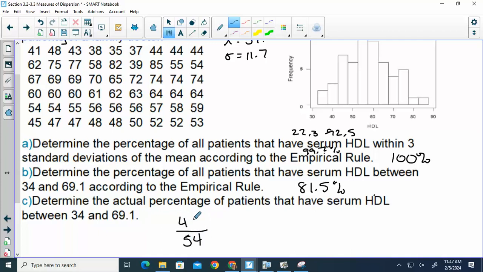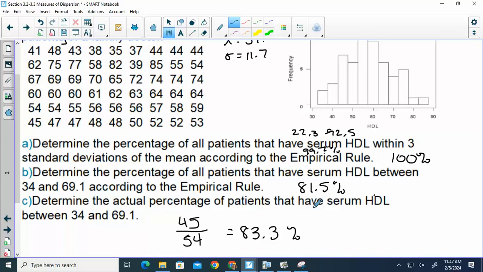Okay, so we had 45 out of the 54 patients, which is 83.3%. Was it pretty close? The empirical rule says it should have been 81.5, and we had 83.3, so pretty reasonable. That means we probably have more bell-shaped data than we realized initially by looking at that graph.